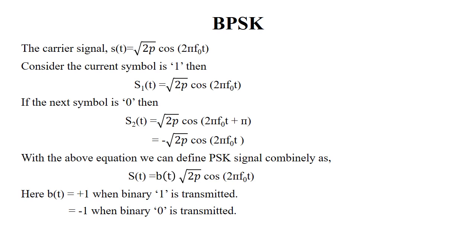From the above equations we can define the PSK signal as S of t equal to B of t into root 2P cos 2 pi f naught t. Here B of t is plus 1 when binary 1 is transmitted and B of t is minus 1 when binary 0 is transmitted.